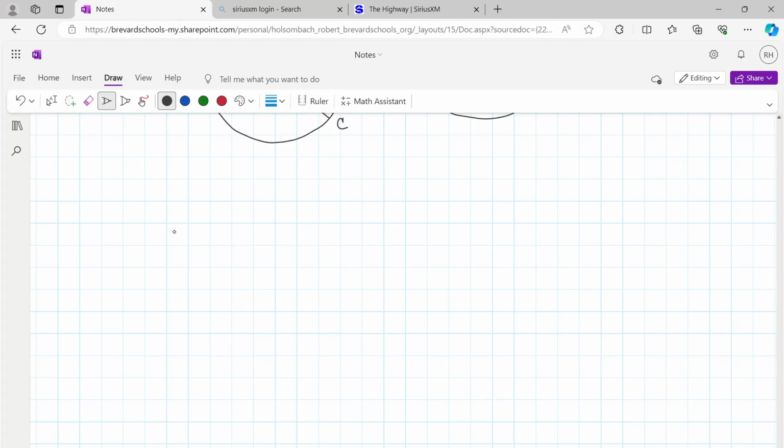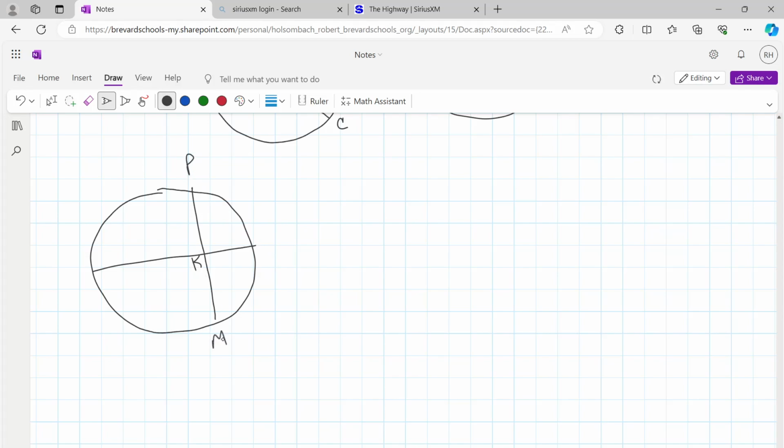Again, a circle. Two chords intersecting inside the circle. Got a P, K, and an M, and then a J and an L. And P to K is x plus 1.